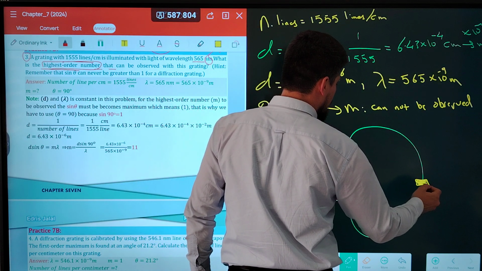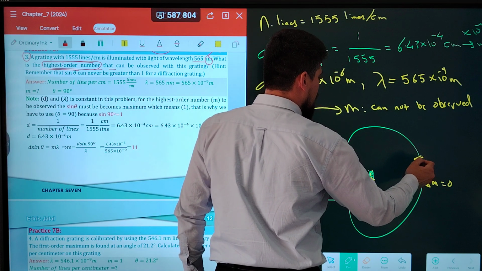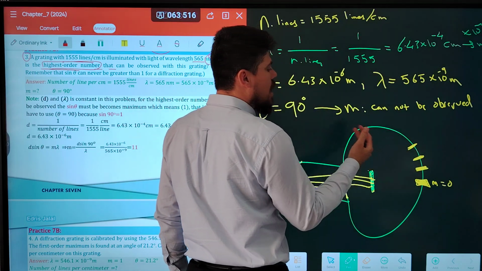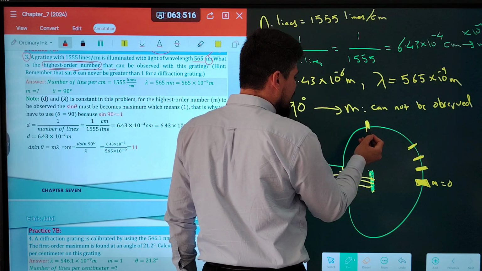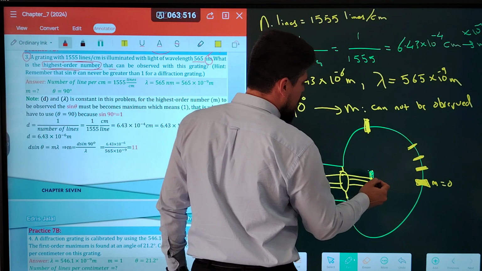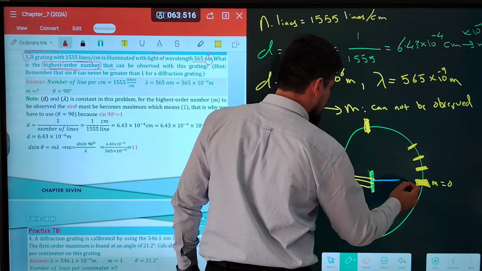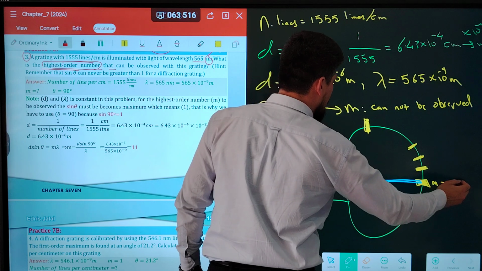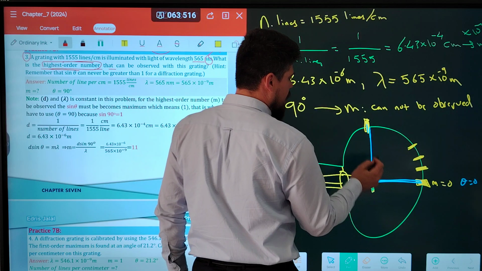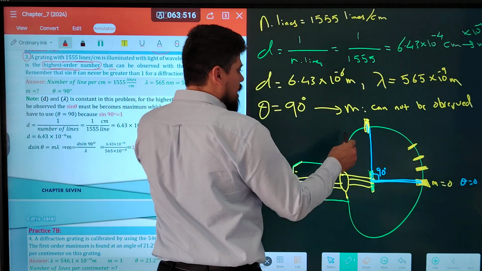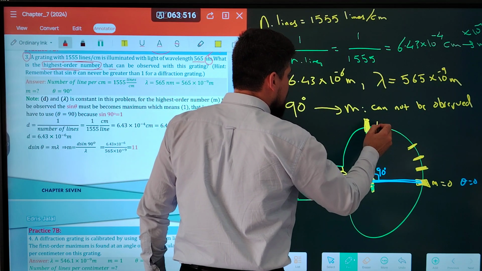The central bright fringe is m equals 0. This is m1, m2, m3. We don't know how many bright fringes we have, but I know this fringe is located exactly here, because this is angle 0, the central maximum. But the highest order is located at this position, where theta is 90. Can we see this order? No, we cannot see this order, but I can see the others.